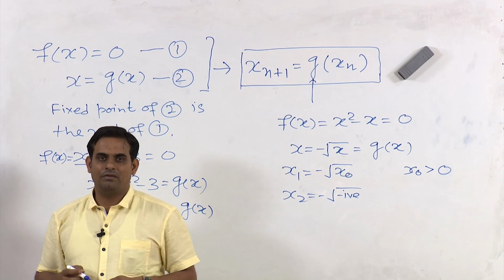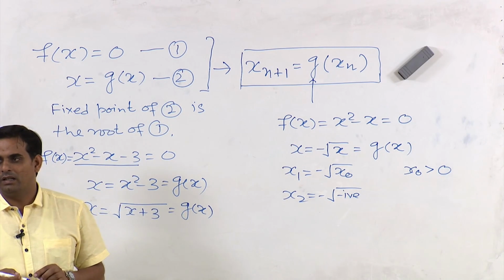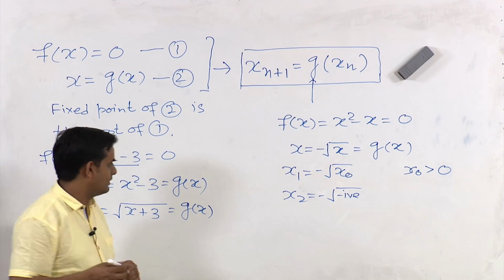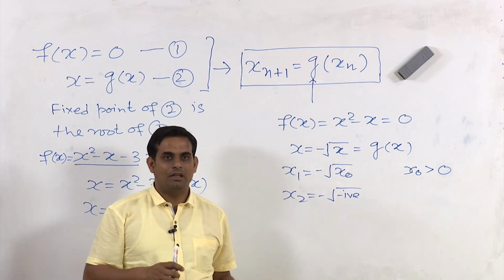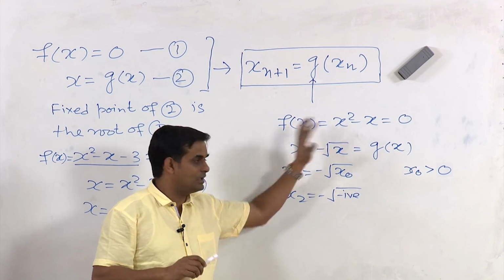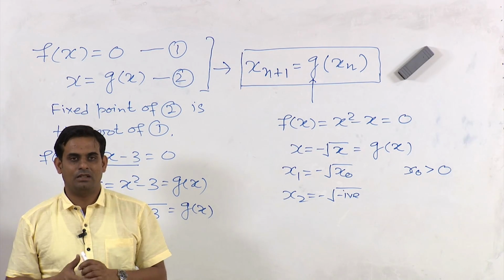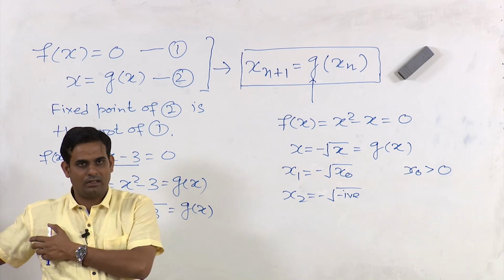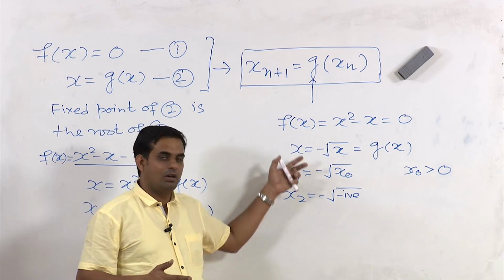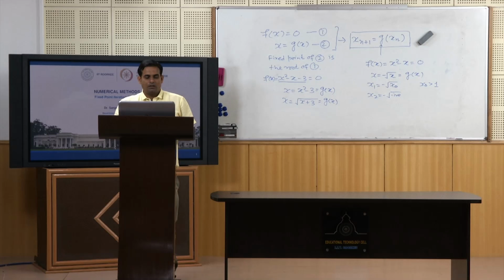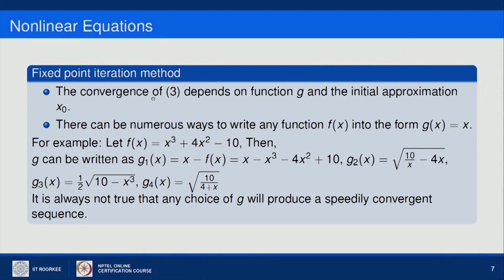Hence, I am not able to find any subsequent approximation of x n, and hence we should choose g of x in such a way that we can find all the approximations in subsequent iterations of x n. Moreover, the convergence of the fixed point iteration method depends on the function g, that is how you choose your function g, and the initial approximation x naught.